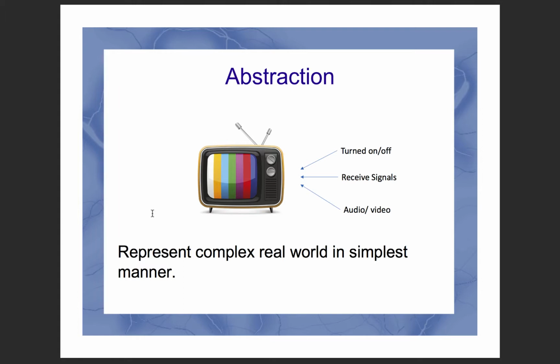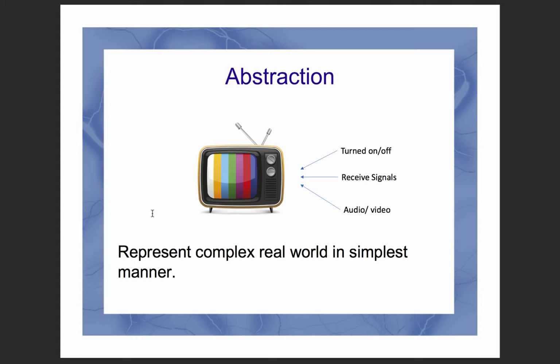So abstraction is basically saying what is the mathematical model of any object, of any data structure, or of any component. Here are televisions, which we were talking about in the previous slides.